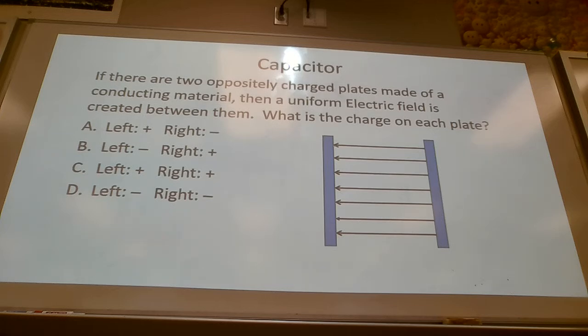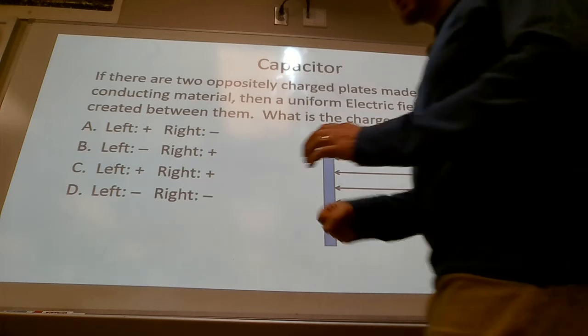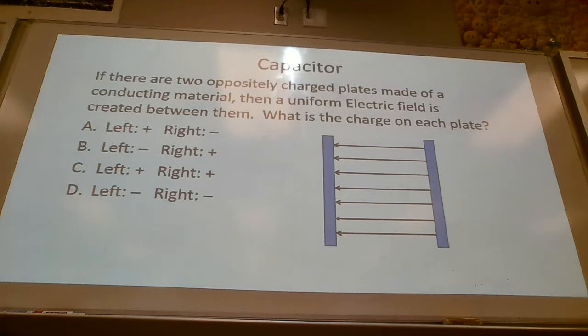Life's good, we're just stuck with algebra. If you take another physics class in college or something, this is a playground that they like. Don't be thrown off by that. All they're doing is setting the stage to have a constant electric field. Okay, so give that question a shot.